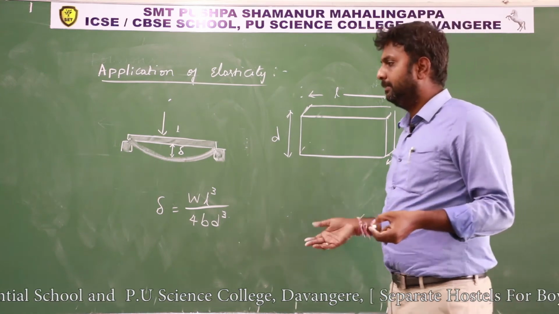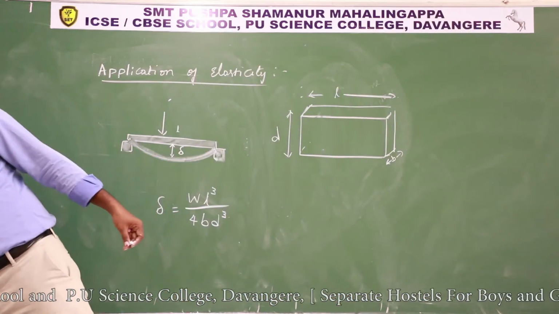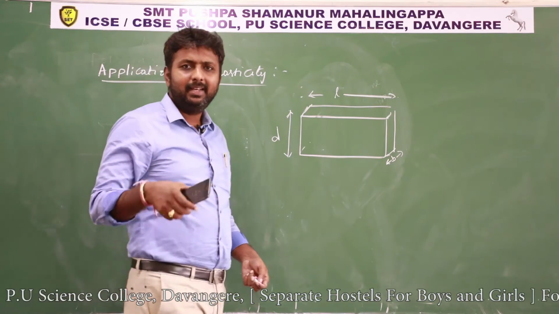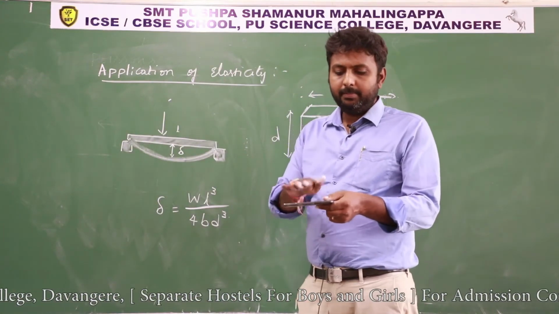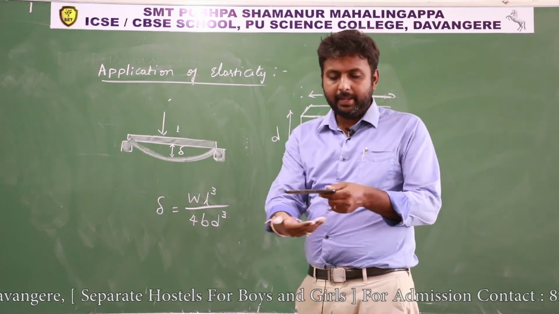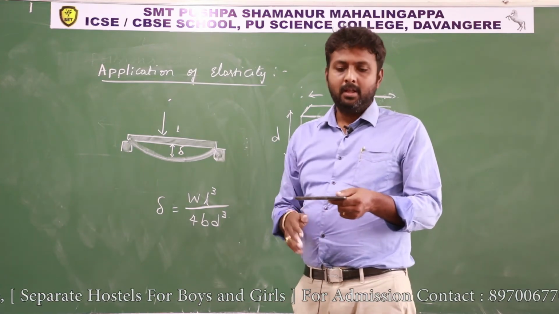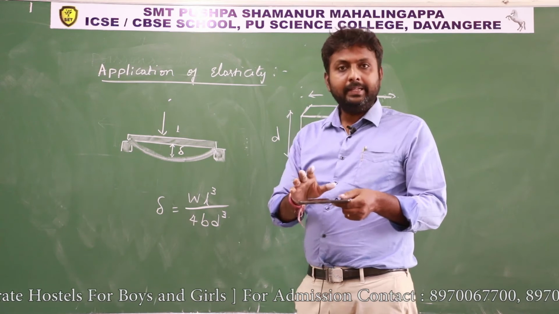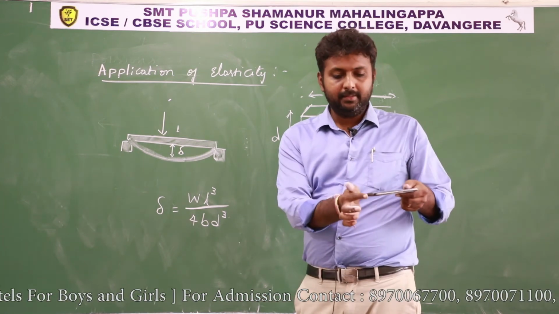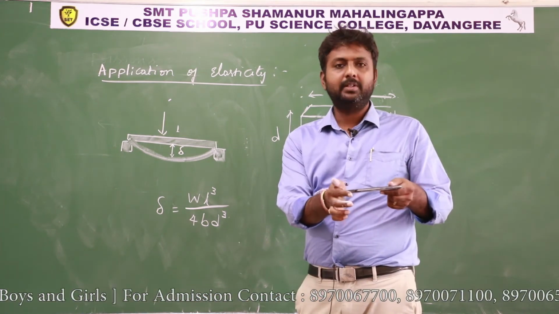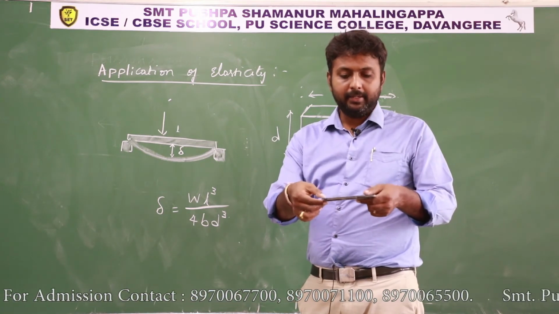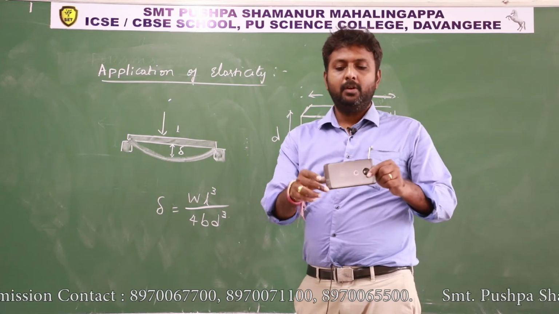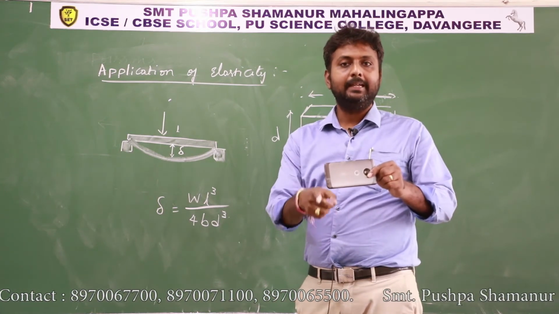For example, you can take the example of a scale, I will show here. If you consider this is a scale, then if you apply more force, it may have some depression, right? So if I want to increase the depth, here the depth is only nearly 1 centimeter. So I will increase the depth, in this way. Now you can see the depth is increased.